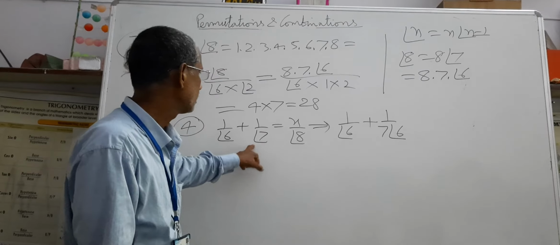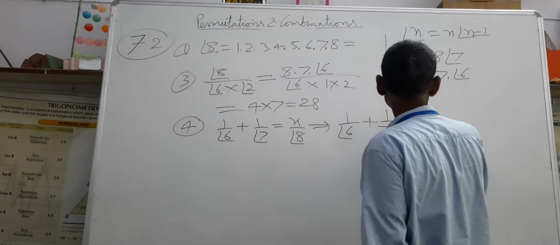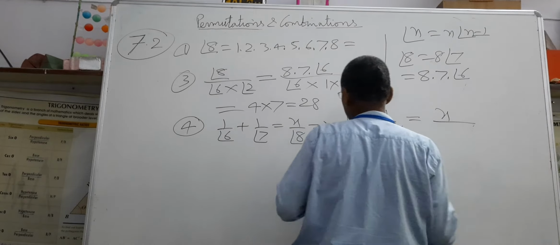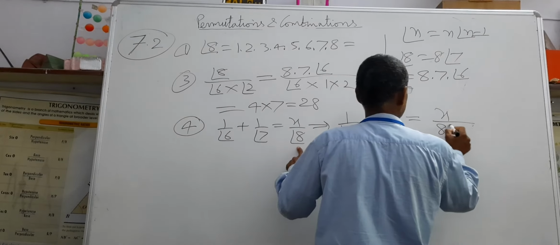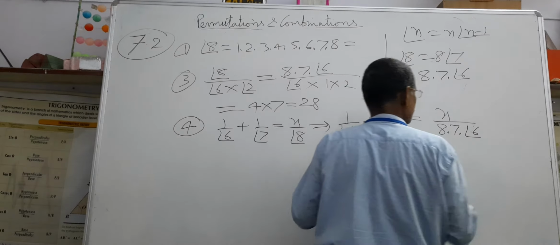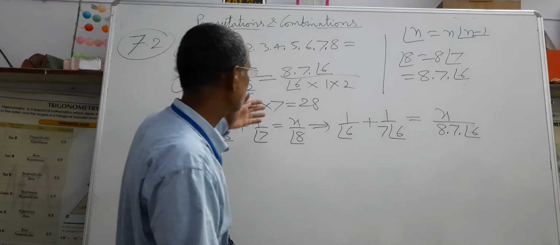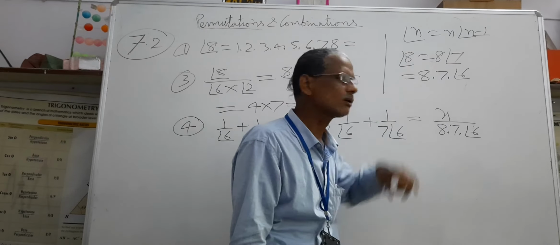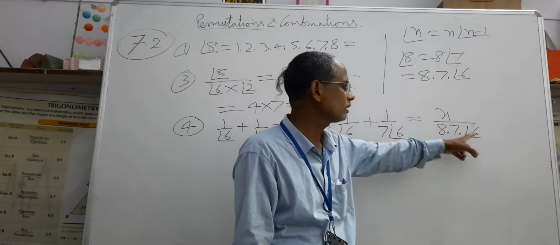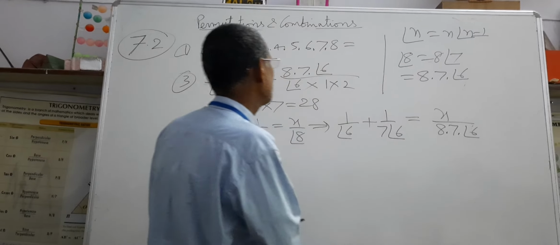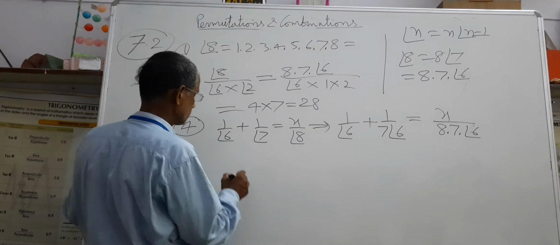For factorial 7, write 7 into factorial 6, is equal to x upon, here is factorial 8, which can be written as 8 into 7 into factorial 6. Now multiply both sides by factorial 6. All factorial 6 will be removed from the denominators of both sides.